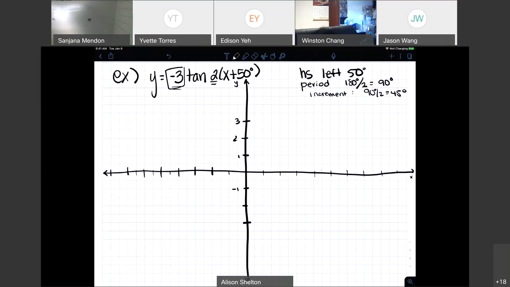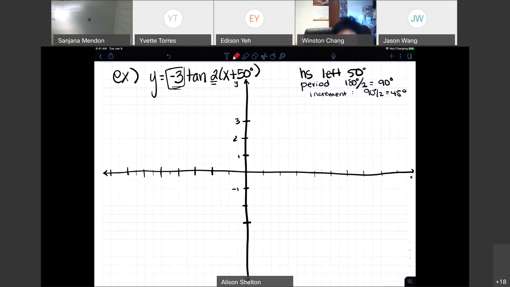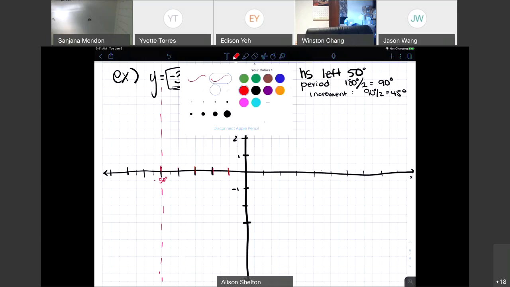And so I'm going to go ahead and mark that down. For 1, 2, 3, 4, 5, there's -50 degrees. And I'm going to do my new axis. I'm pretending that's like my y-axis, even though it isn't.